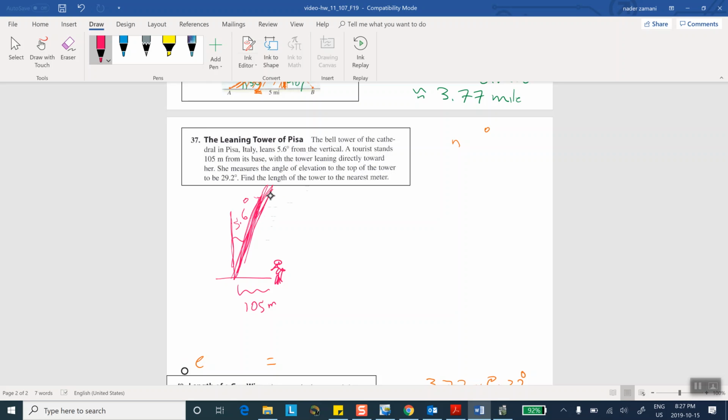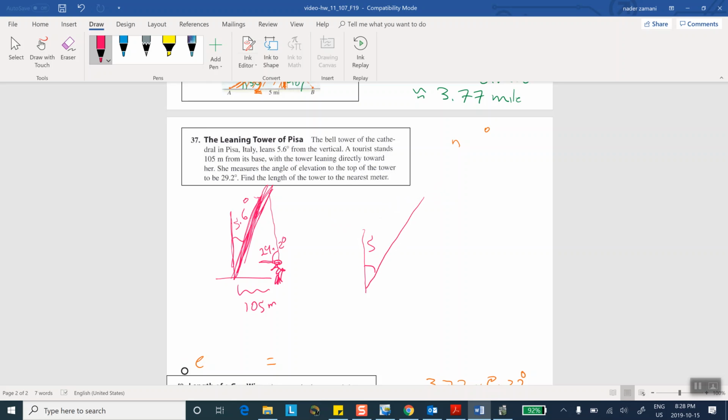So that means that the angle of elevation, I'm going to redraw this diagram, but that's what the angle of elevation is. This is 29.2 degrees. We're going to have to redraw this, okay? So it's better if I drew it like this.